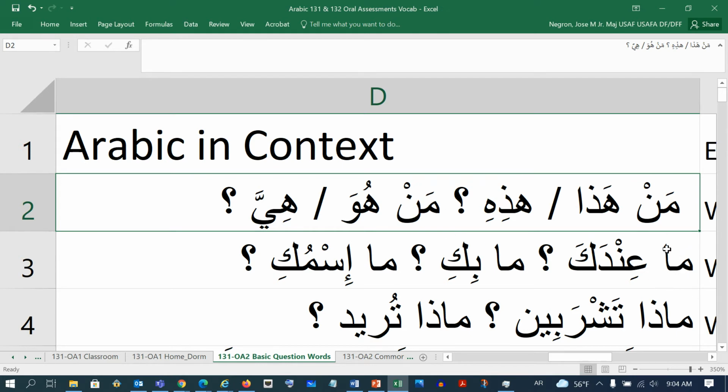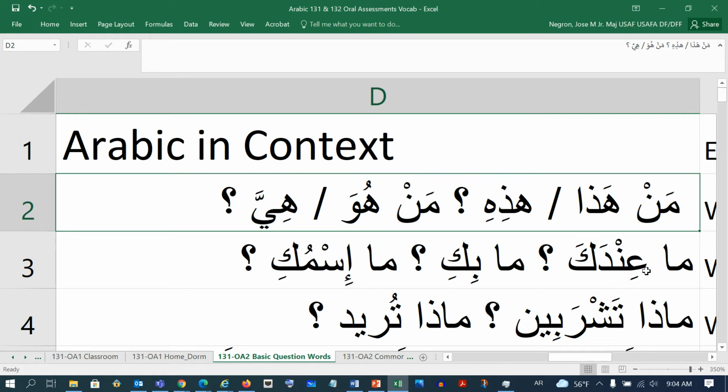Now, our next example is the question word what. Remember, the first one we covered, ma, is used in front of non-verbs only. So in this case, ma indaka. This is "what do you have." Remember, inda is the preposition of belonging, to have, but it also means at.